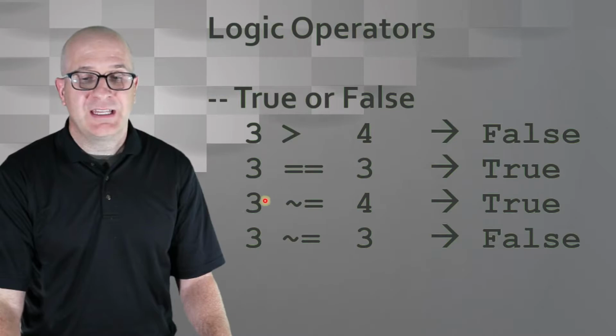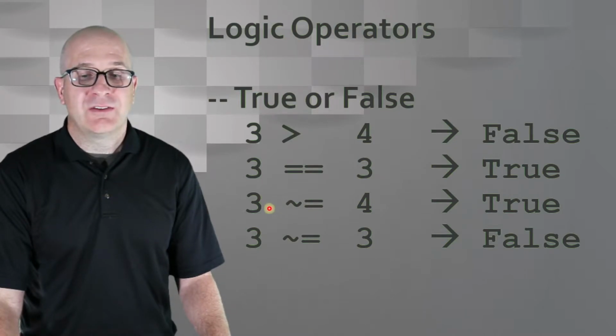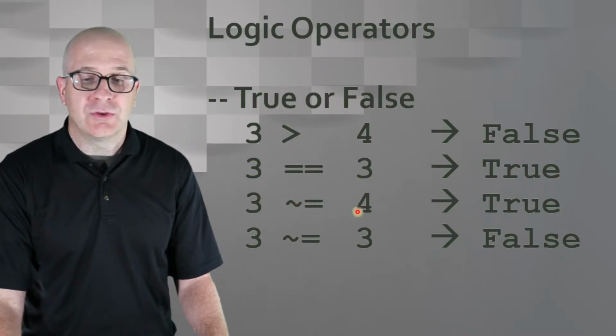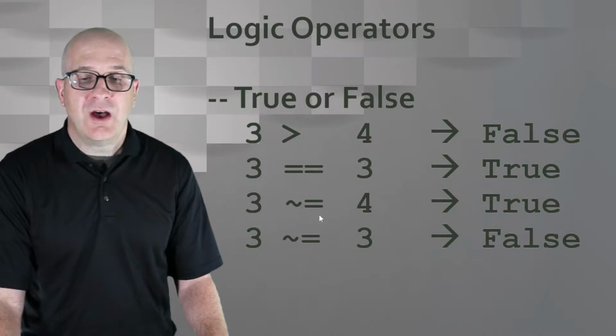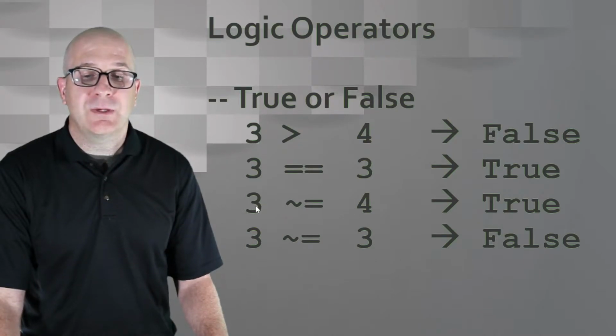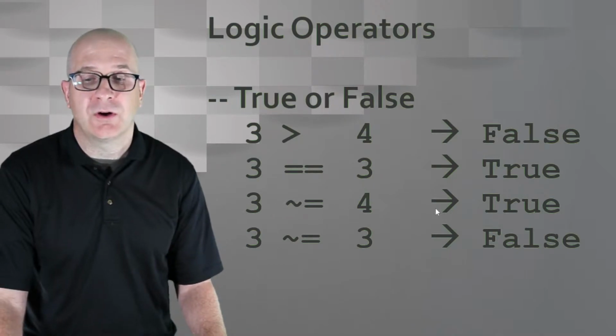This next line asks, is 3 not equal to 4? This squiggle line represents not equal to. 3 is equal to 3, so 3 cannot be equal to 4, and therefore this is true.